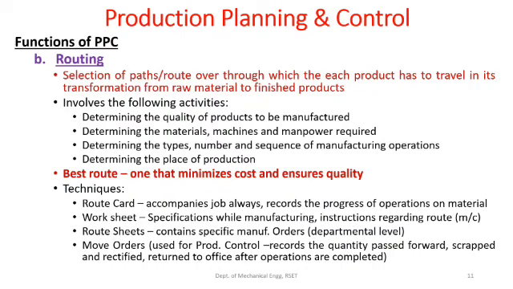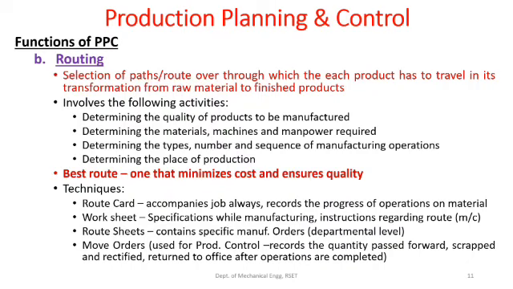So it is the quality of the product that determines the kind of materials used, the kind of manpower used, the machines that will be used, the manufacturing operations, their sequence, the number of times the manufacturing operation is used, etc. These are the activities that are performed as a part of routing.